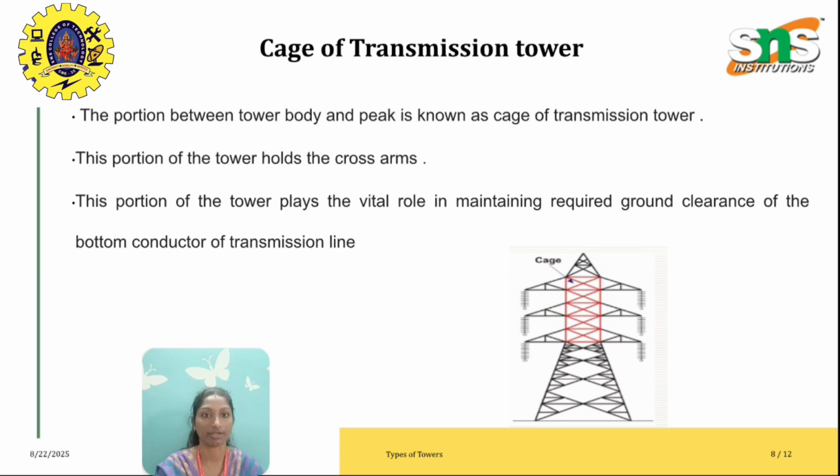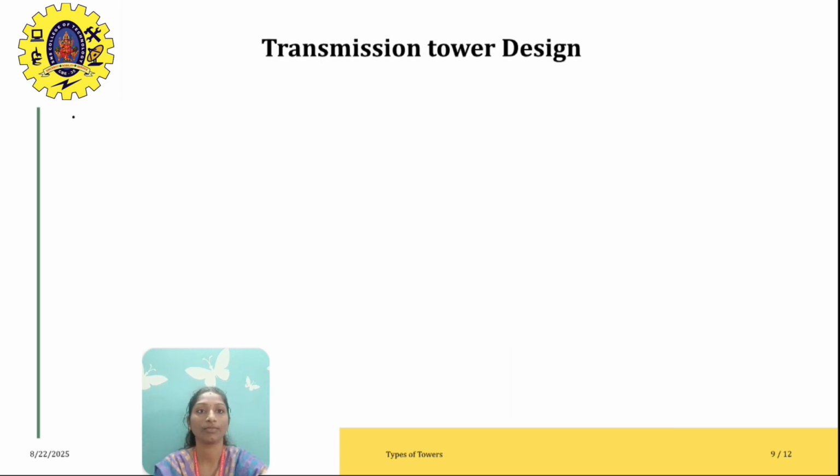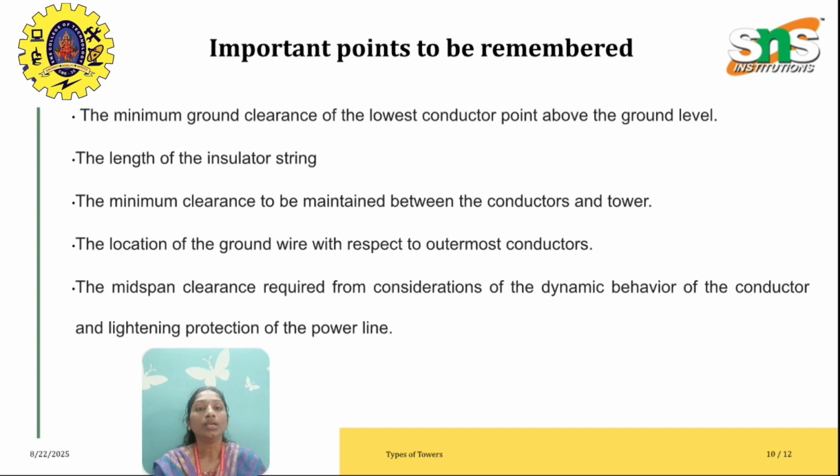Coming to the important points to be remembered: the minimum ground clearance of the lowest conductor point above the ground level, the length of the insulator string which we have to maintain, and the minimum clearance to be maintained between the conductor and the tower.